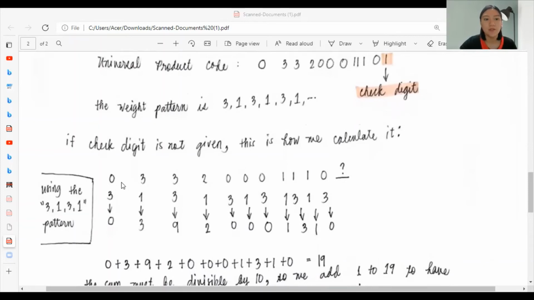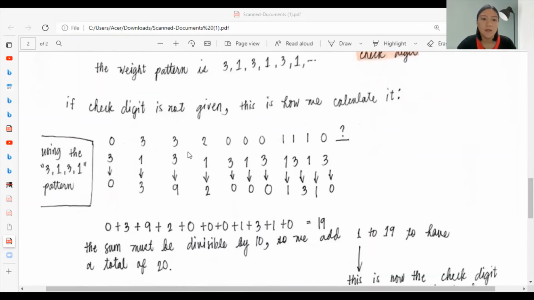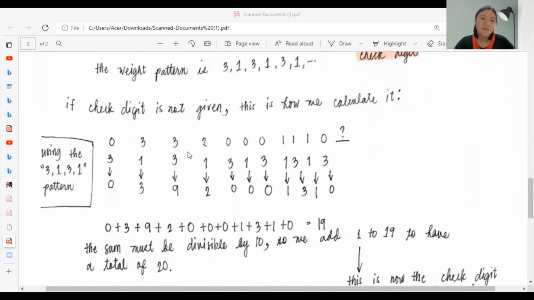The given code is 03320001110, and the check digit is, let's assume, not given. This pattern will be applied from left to right. At the first digit, we multiply by 3, the second digit by 1, 3, 1, 3, 1, and so on.